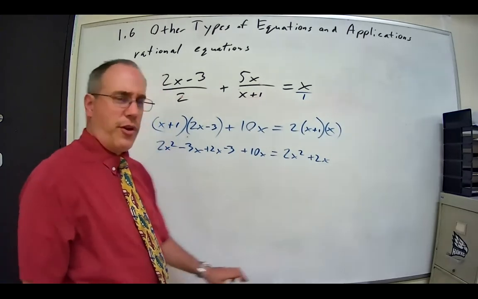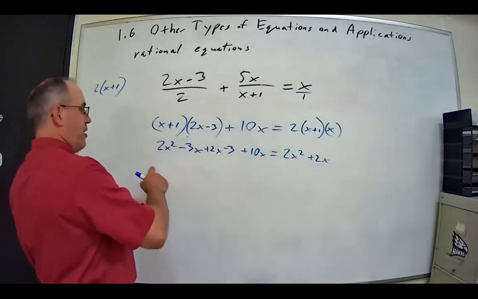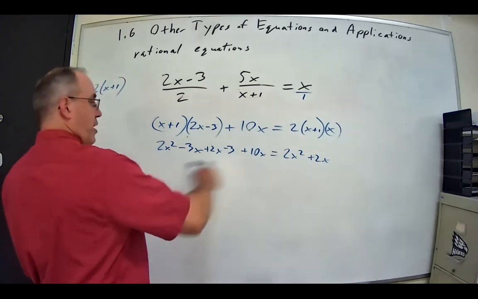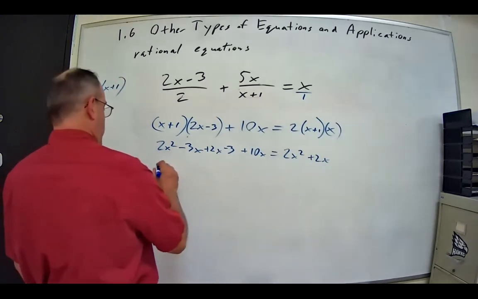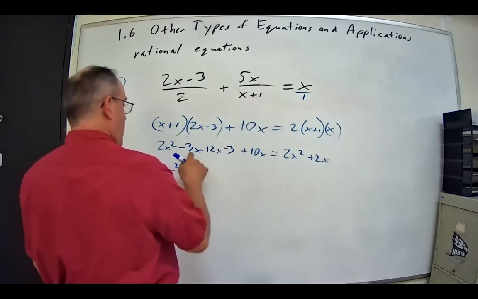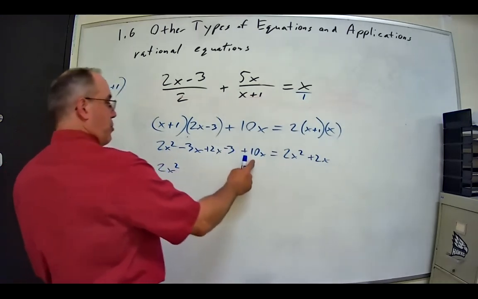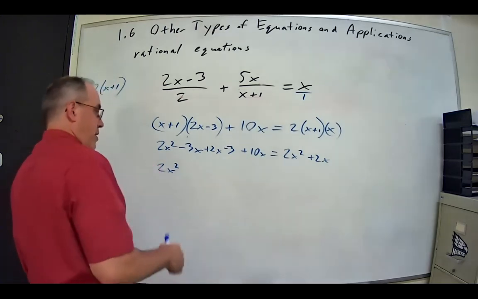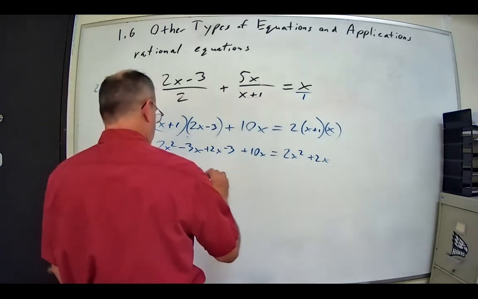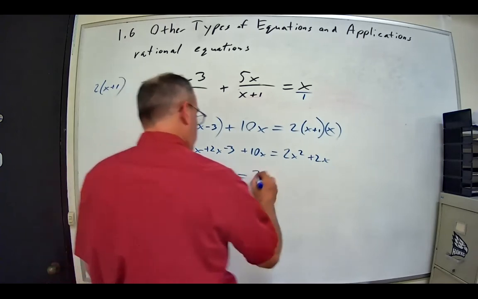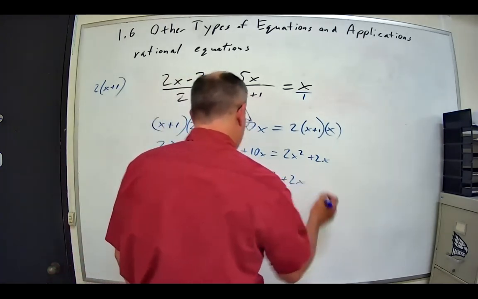Let's combine it first, just so we don't do anything foolish here. Combine like terms on the one side before we start moving things around. So I'm just going to do that. 2x squared minus 3x plus 2x is minus x, plus 10x is plus 9x. So plus 9x minus 3 is equal to 2x squared plus 2x.